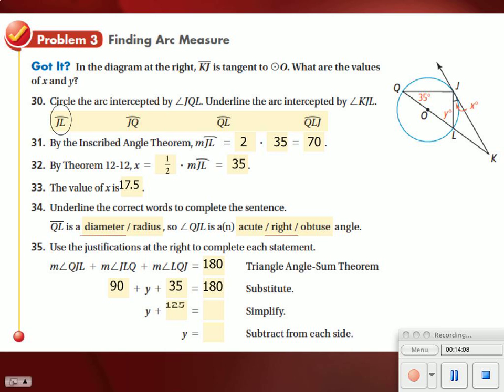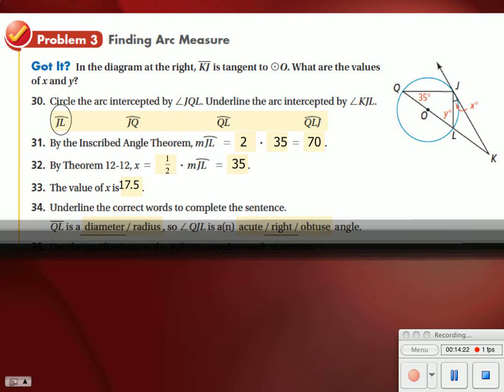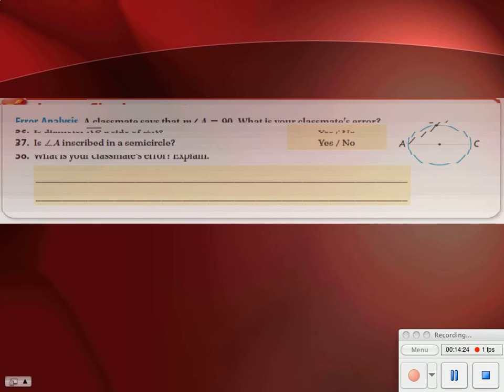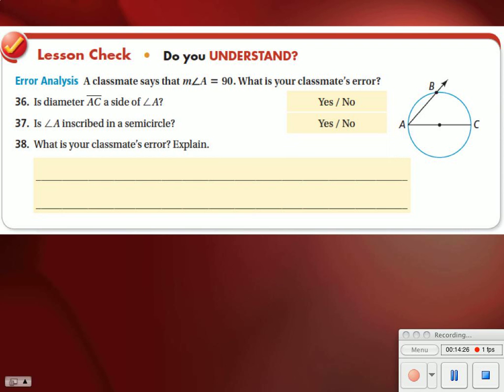It's given to me. And all that equals 180. So I'm going to add those together. 125 equals 180. Subtract 125 from both sides, and I get Y equals 55. So that's how you find arc measure using the different theorems that we just learned.